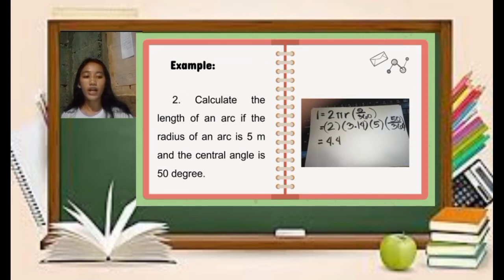Length equals 2 pi r times theta over 360 equals 2, our pi is 3.14 times our radius is 5 times the central angle is 50 degree, so 50 over 360. Multiply 2 times 3.14 times 5 times 50 over 360. The result would be 4.4. So this is the length of an arc.